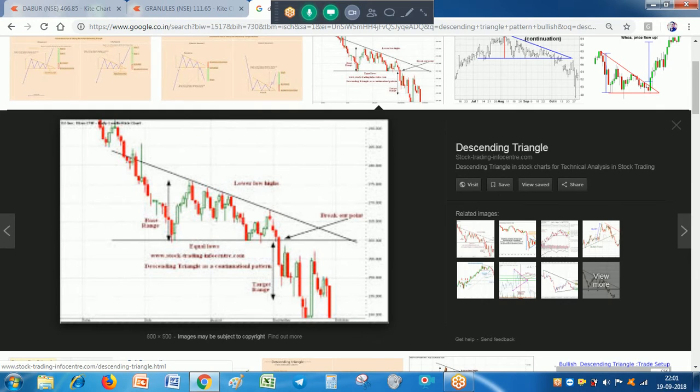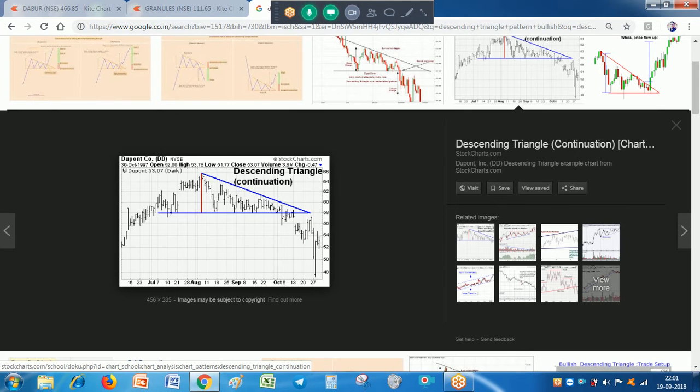So you could see here there is a pattern. The stock was already falling down. It made some highs, and then here is a breakout and it gave a downside movement. And see, during this breakout also, it was rising up and down. So stocks may give some movements like this. Look at this also.